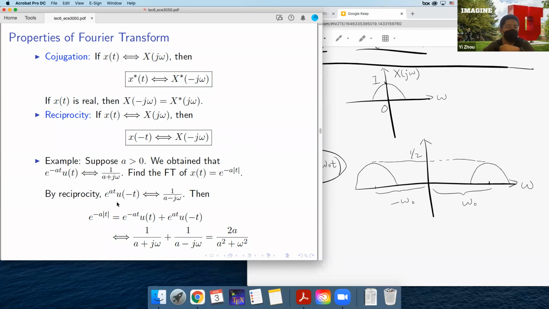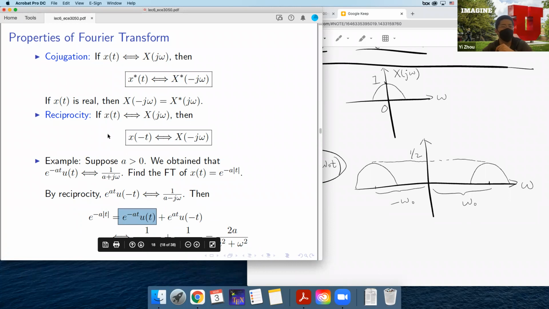Now the idea is to observe that such a two-sided signal can be written as a summation of these two one-sided signals. So this is the right-hand side and this is the left-hand side of the signal. And then the Fourier transform of this one is given in the problem statement. So we just need to figure out the Fourier transform of this one. But then this signal is a time reversal of this signal.